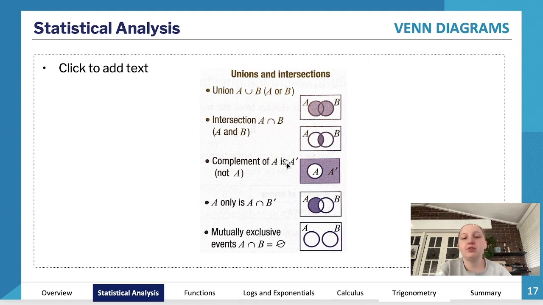The probability of not A, so the complement of A or A dash, depending on how it's given to you in the question, is everything but the A circle. The probability of just A is A and not B, so you don't want to think about the part in the middle. And if we've got mutually exclusive events, the intersection is neither. You're going to have nothing shaded.